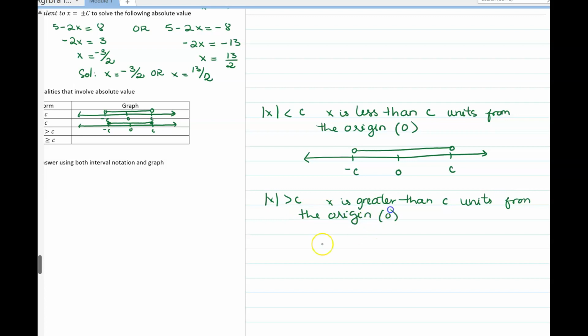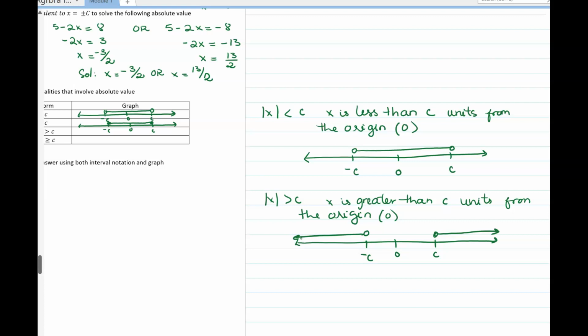And the origin here is 0. Okay, so here c and negative c. If x is c units greater, then it will go that way. x is greater than c.